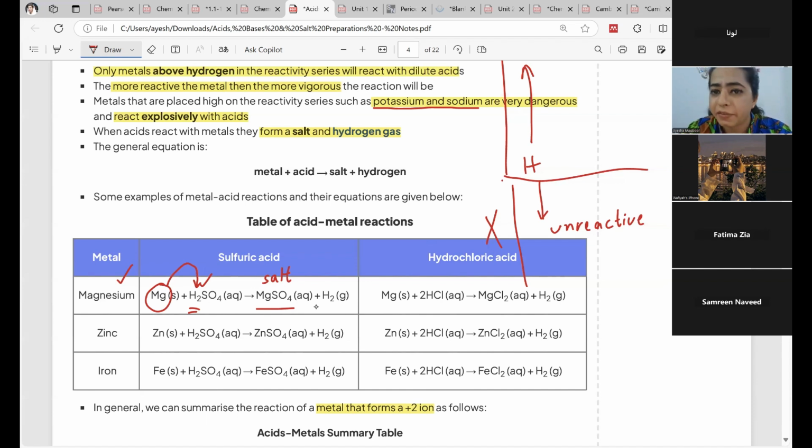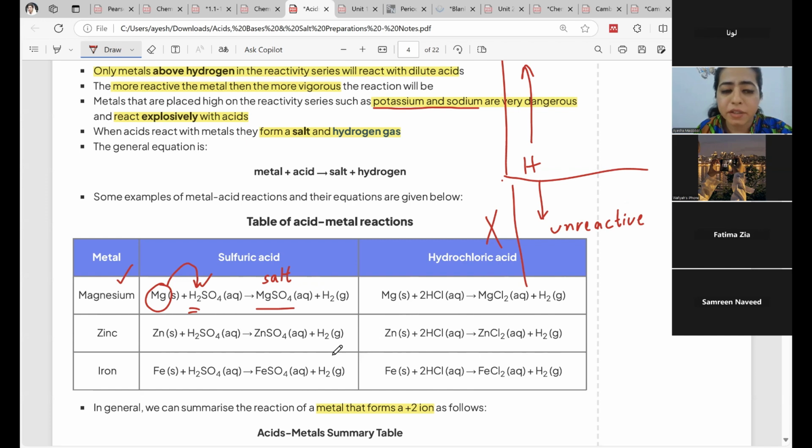If the metal is less reactive, it will not be able to replace hydrogen. The reaction will not be possible. So the metal should be more reactive than hydrogen so that it can remove this hydrogen from the formula of the acid and make a salt. Okay, so these are some examples for the zinc metal, for the iron metal. All will follow the same rule, same sequence, and the same equation.